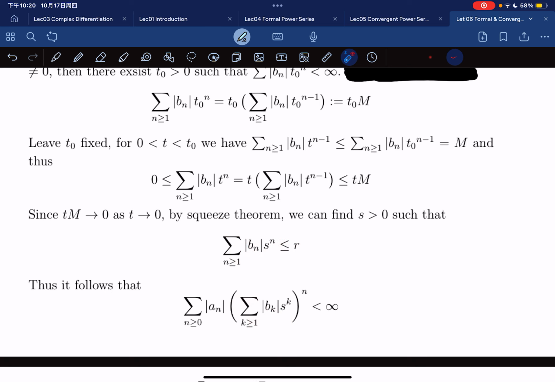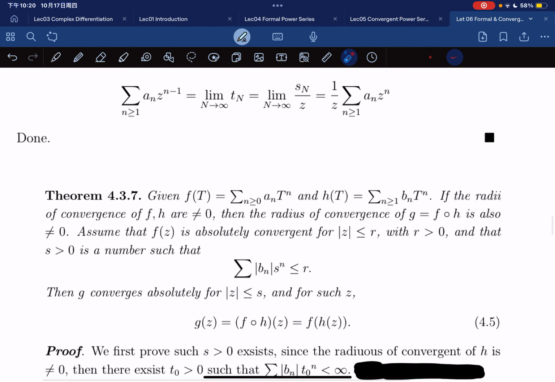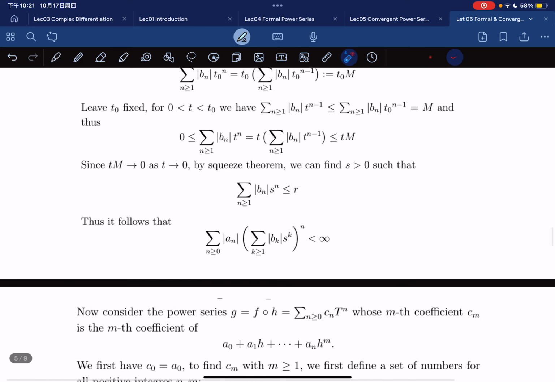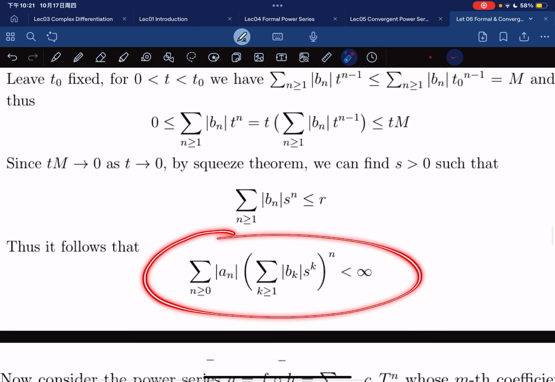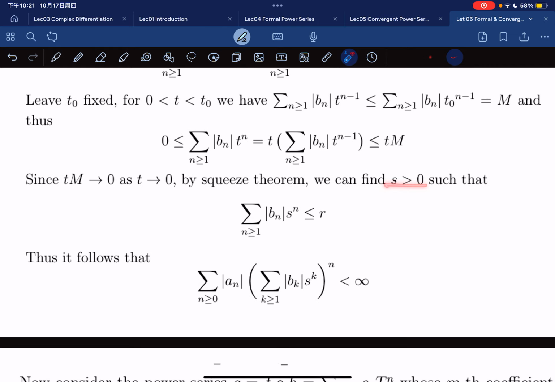Then the sum of an x^n converges, because we assume that it converges absolutely for all. Okay, so we prove this is converging for some s.